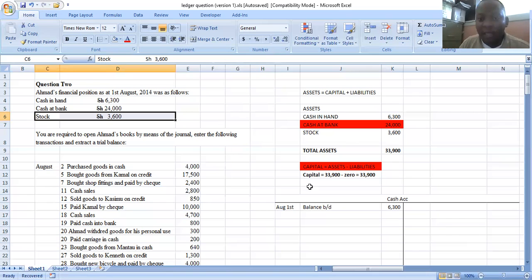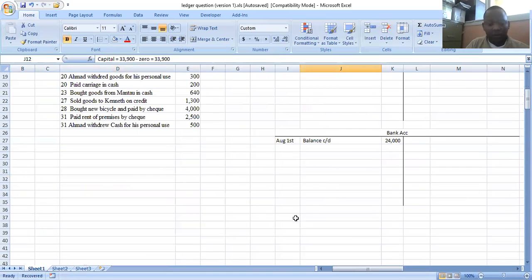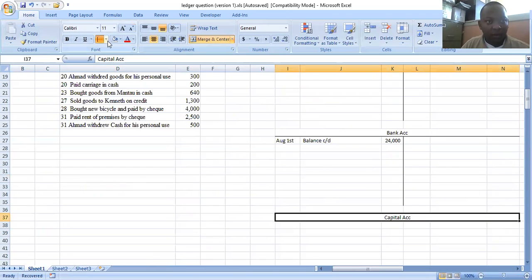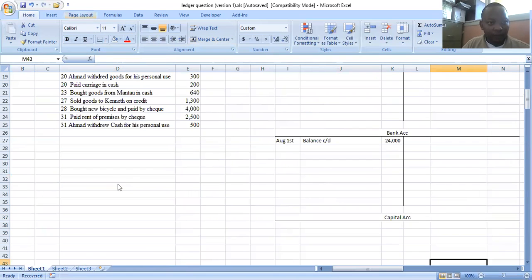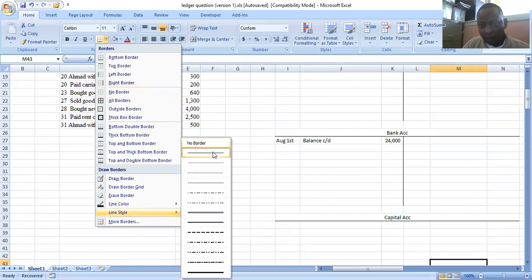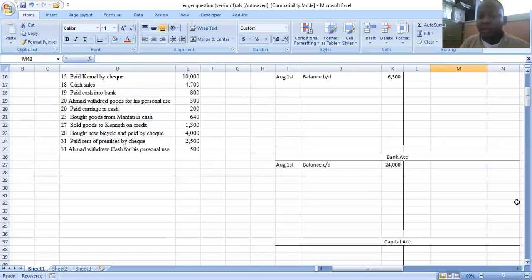The other item that we begin with is capital. You need to have an opening balance for capital, so you open one capital account. Capital will always have a credit balance, and at the beginning the credit balance will always be on the credit side.